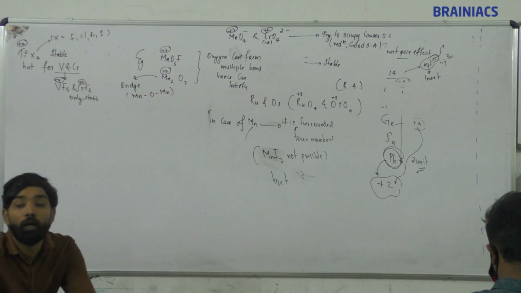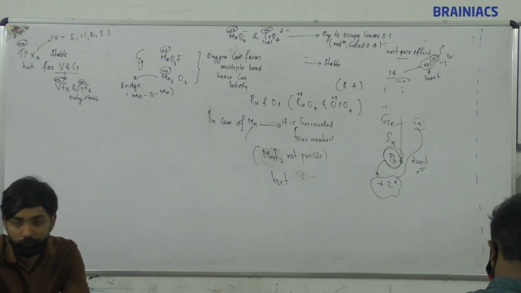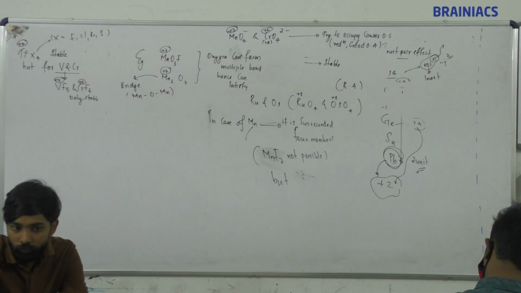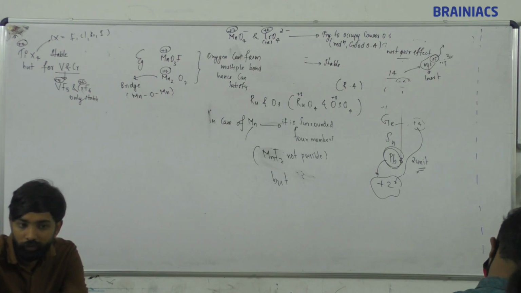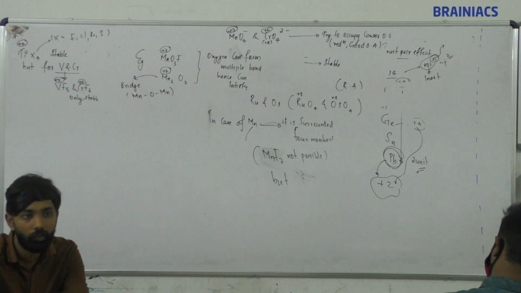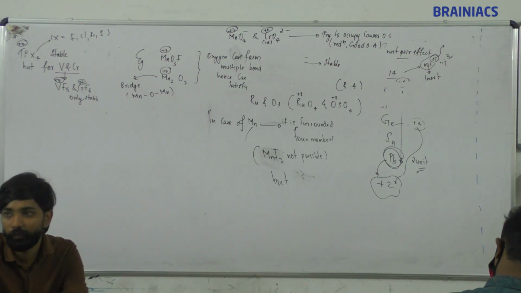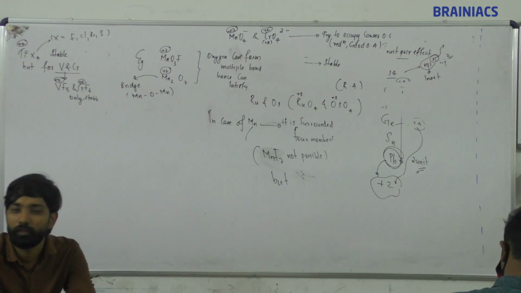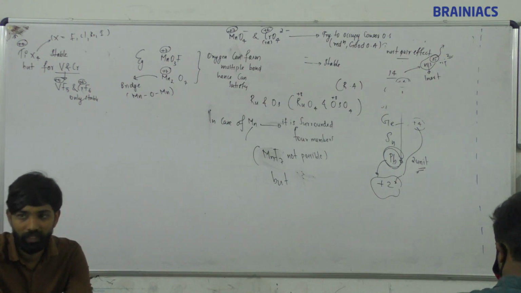Okay, beyond manganese, next point. Beyond manganese means after manganese. Simply, we discuss the case of scandium. It only shows +3, so it is only stable in the case of oxide, Sc2O3.